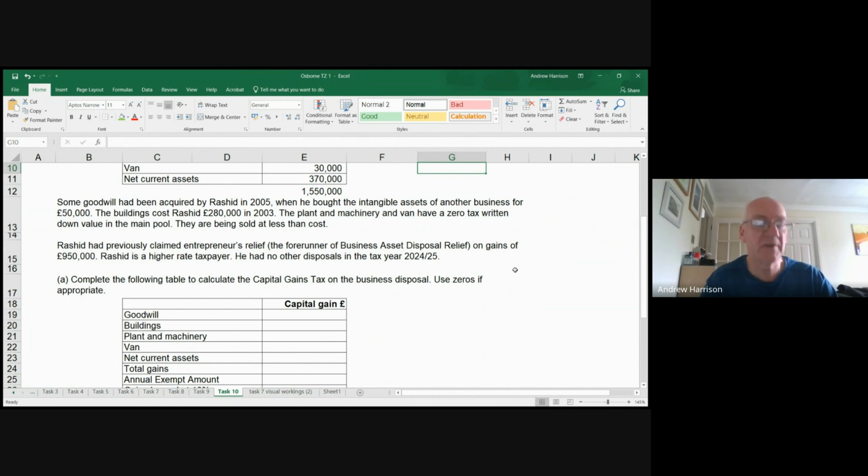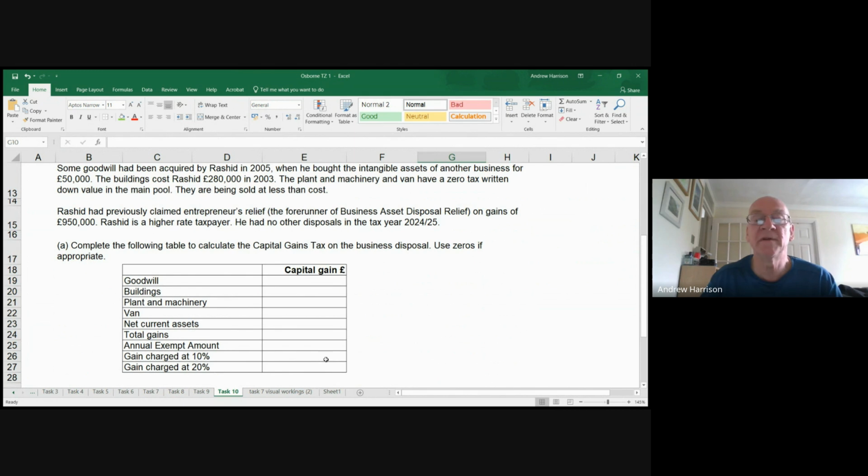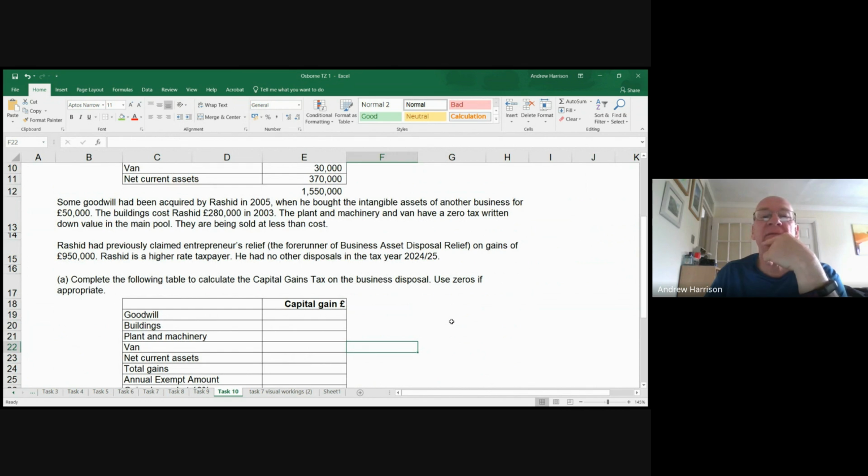Now, this question is about capital gain pounds and how much of it's going to be charged at 10 and 20. We're not calculating the capital gains tax he's going to pay. That's in the personal tax exam. But the capital gain from a business point of view on the goodwill is going to be the 450,000 minus the 50,000.